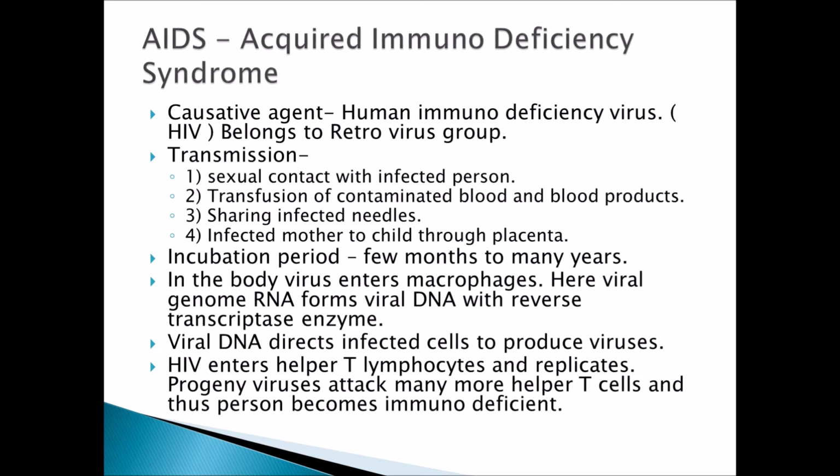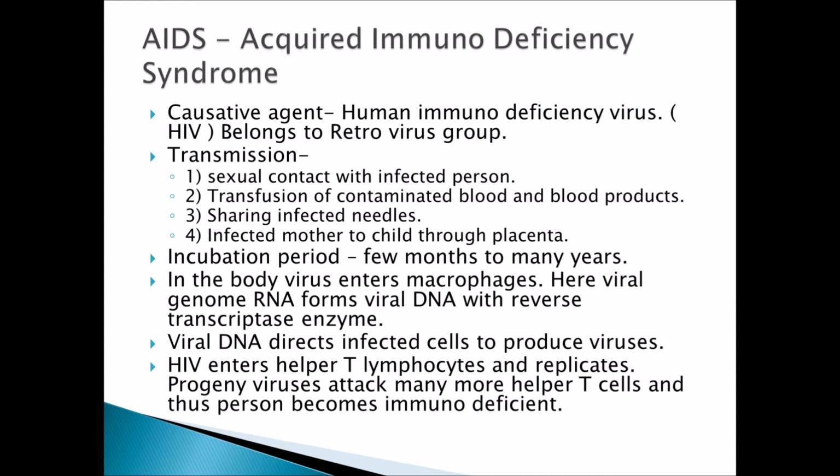HIV enters helper T lymphocytes and replicates in them. These viruses which are produced, they typically attack a special type of lymphocyte, T lymphocytes, which are called as helper T lymphocytes. We have learned that there are helper T cells which help B cells for antibody production.